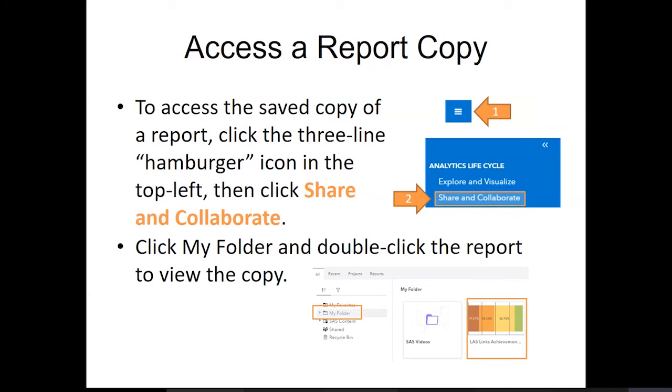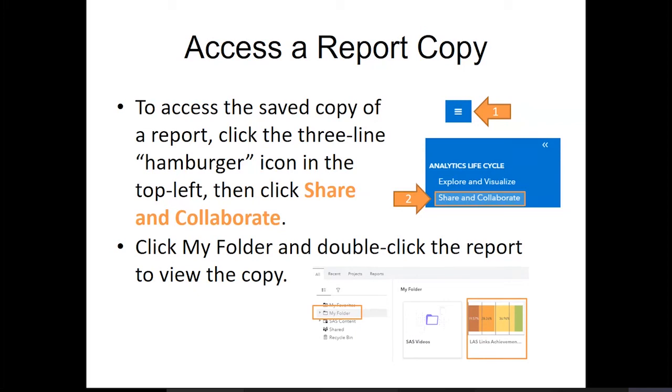By clicking that hamburger icon, you'll see an option that says Share and Collaborate. After you click on Share and Collaborate, you'll see a My Folder option in the left-hand selections.